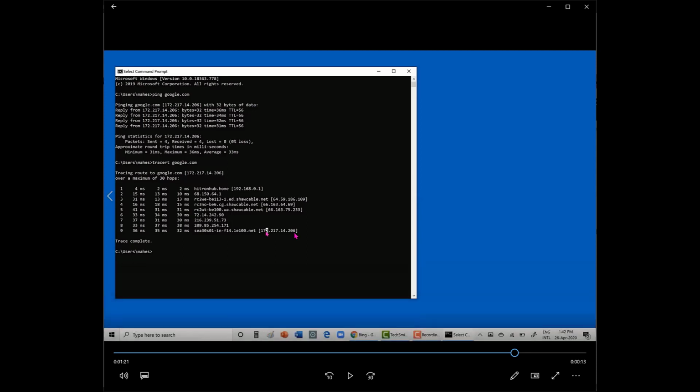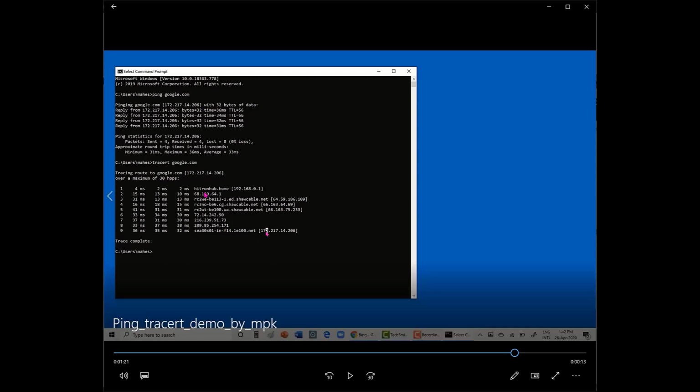So I am sitting here on this first one. If I could hover over here, this one, Hitron hub.home. This is my internet service provider. And then we have a few jumps to various gateways, and eventually we reached the gateway which is storing the google.com website.